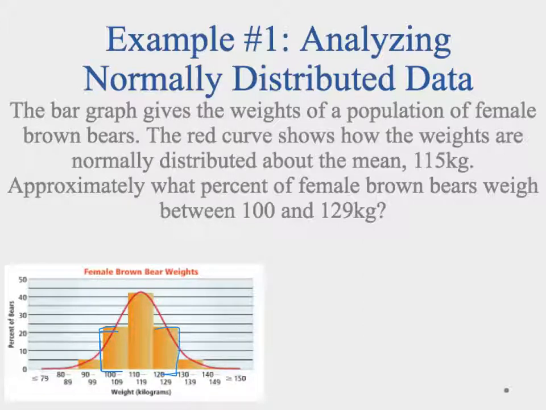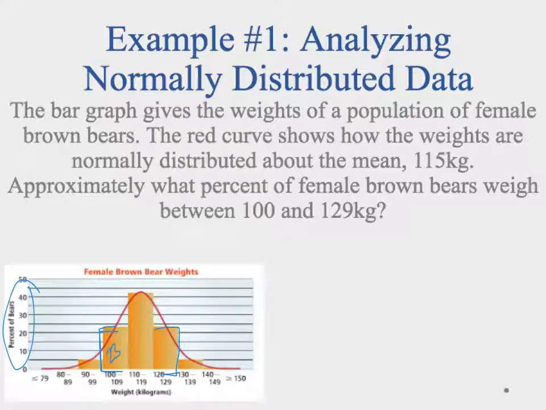Basically, what we should do is approximate those percentages. For the first box, from 100 to 109, that bar is going to be 23, and we use this section here to see that information. It's not right at 25, so we're going to say that it's about 23.